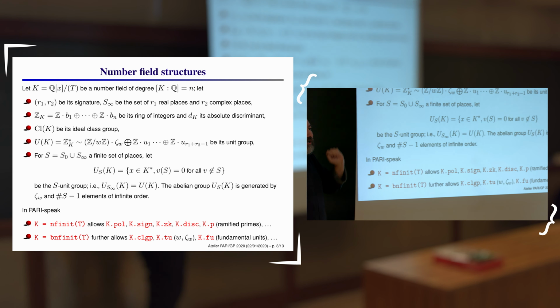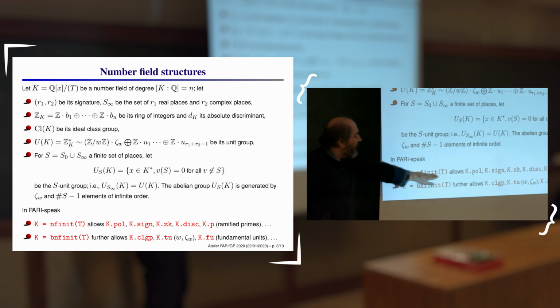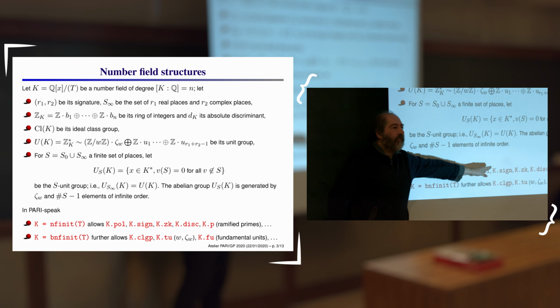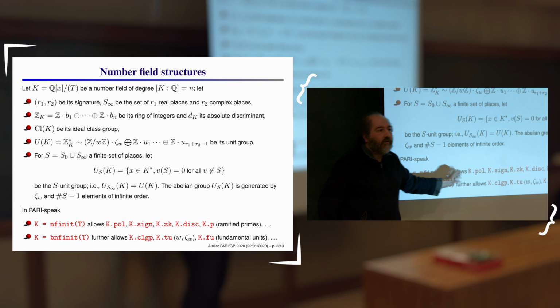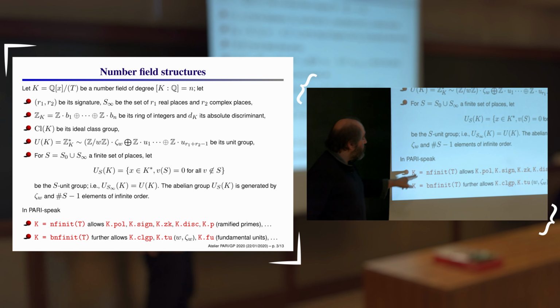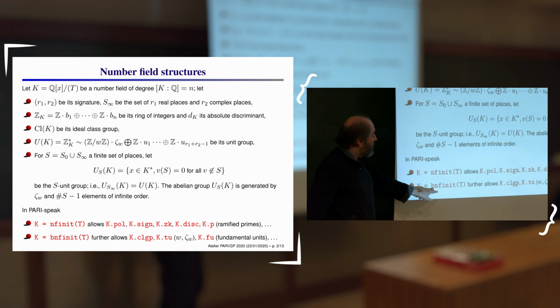Maybe next year we will have a tutorial explaining that NF init does nothing except store the polynomial T, and anytime we access something, it's computed and added to the structure. Maybe it will evolve this way. Not yet, though. So now we have two completely different functions.